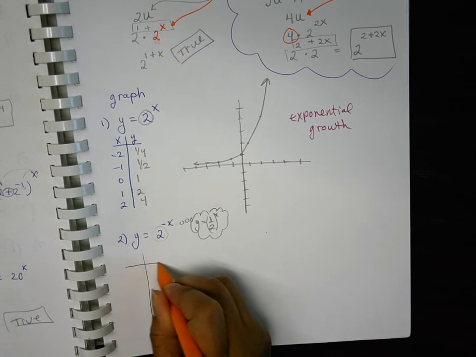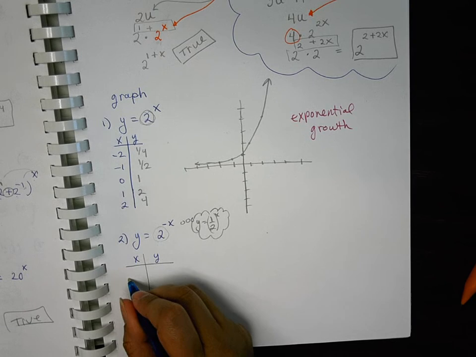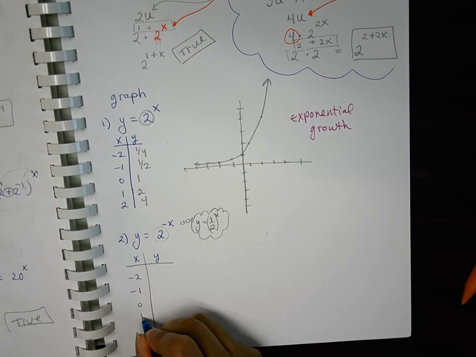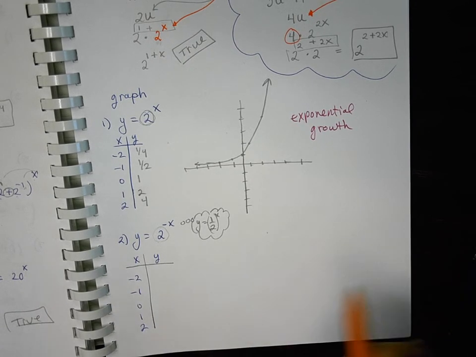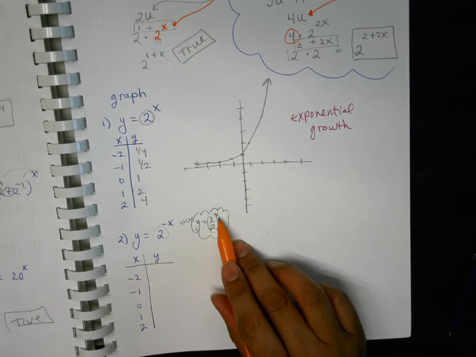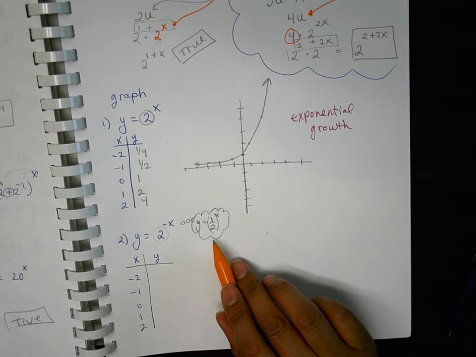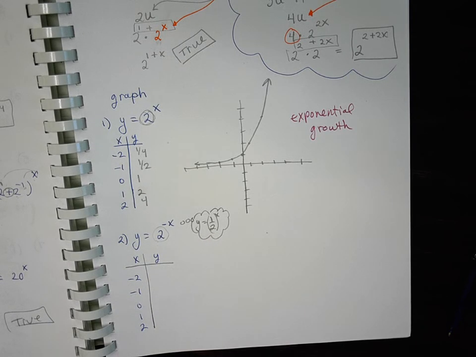Yes? All right, x, y, -2, -1, 0, 1, 2. When we plug in, do you want me to plug into the 2 to the negative x, or the 1/2 to the x? You guys decide. I heard both answers. All right, do it quickly, whichever method you're using.